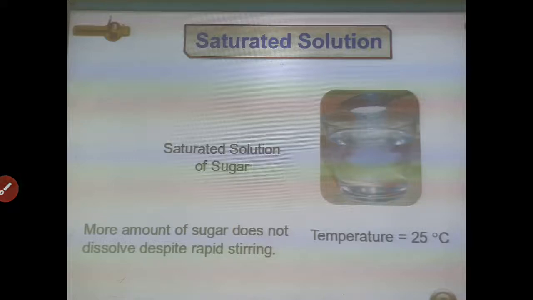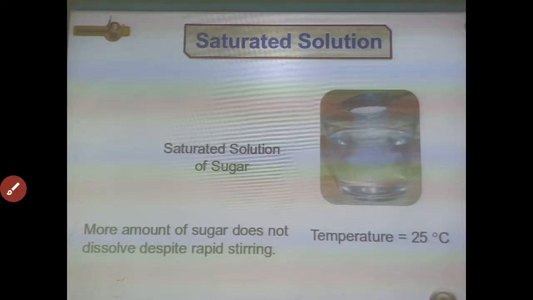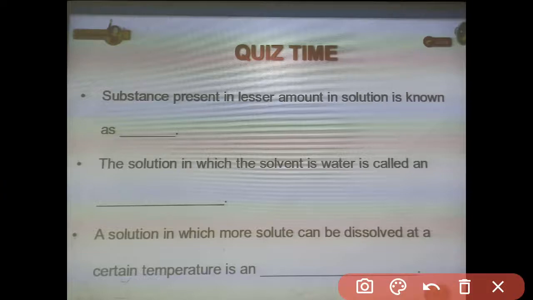For a quick revision, the unsaturated solutions are the solutions in which we can add more amount of solute, and we keep on stirring the solution and the solute gets dissolved in it. But at a moment no more solute will be dissolved in it, and at that time that solution will be called the saturated solution.